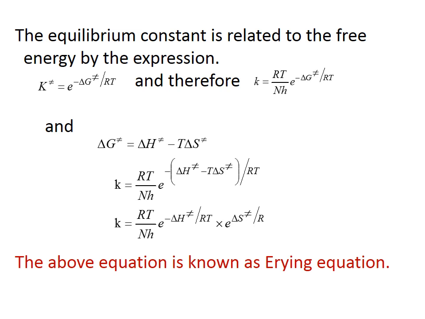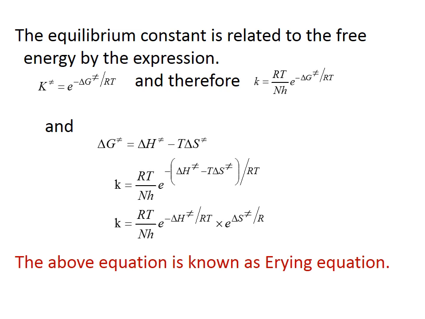Therefore, substituting the value, the rate constant k will be equal to RT by Nh into e power of minus delta G double dagger by RT. This is the rate of the reaction according to Eyring theory: k equals kT by h e power of minus delta G double dagger by RT.